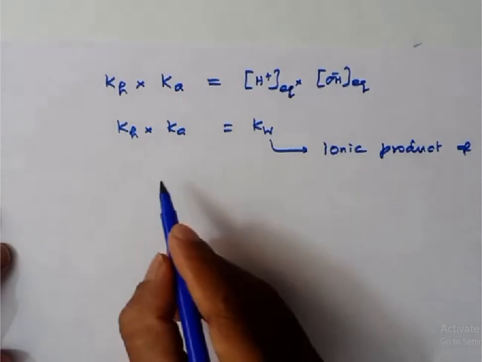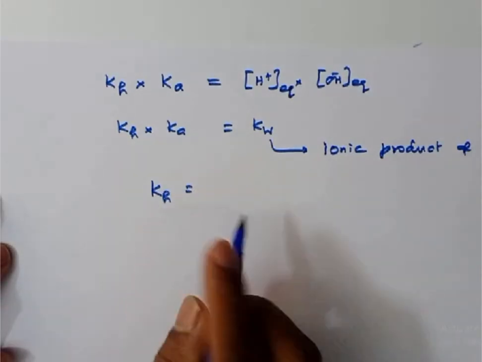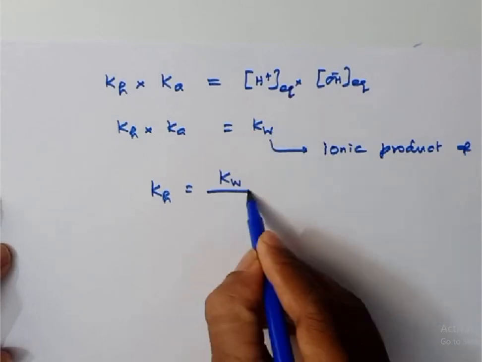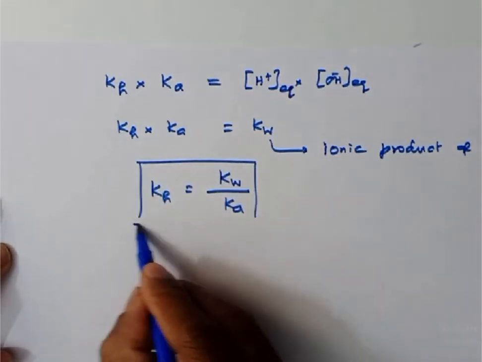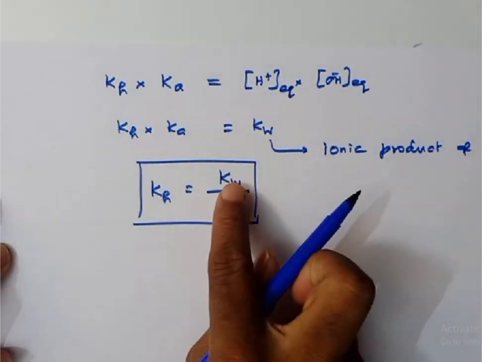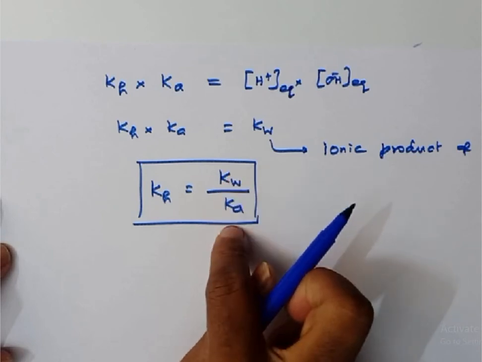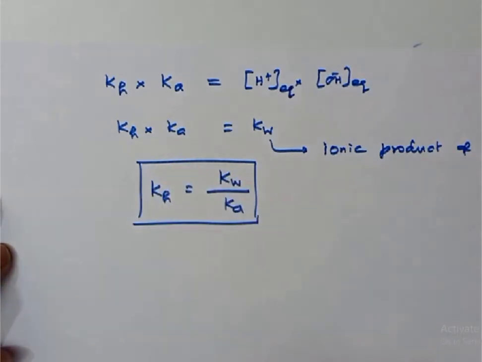So from this we can calculate the value of KH. What is KH? KH is equal to the ionic product of water, KW, divided by Ka. Here, this KW value and Ka value all depend on temperature. Therefore, remember KH also depends on temperature.